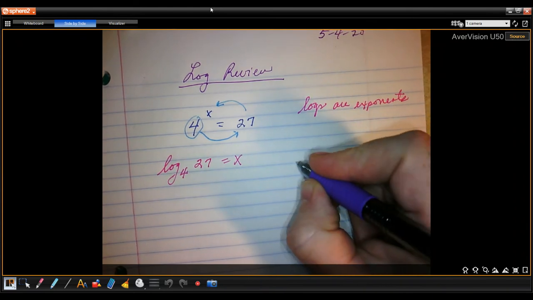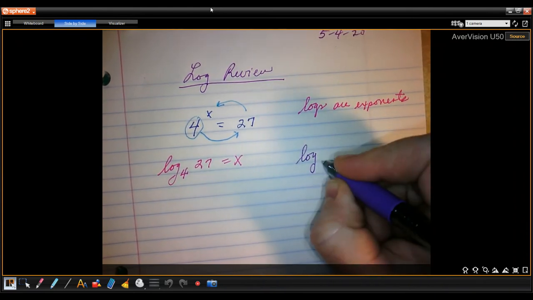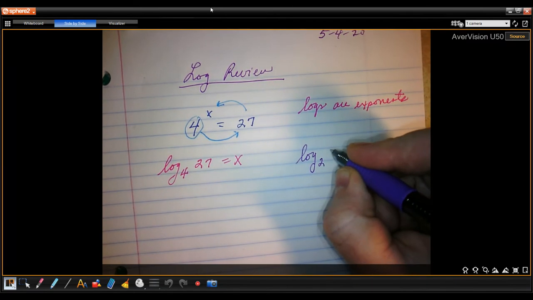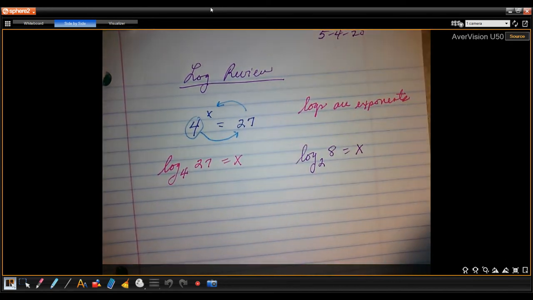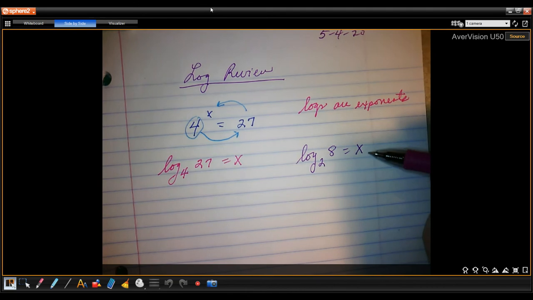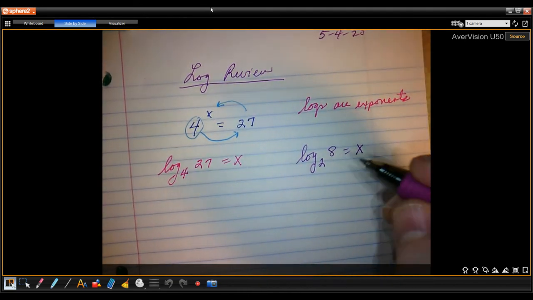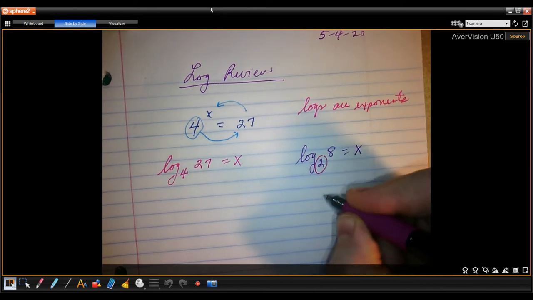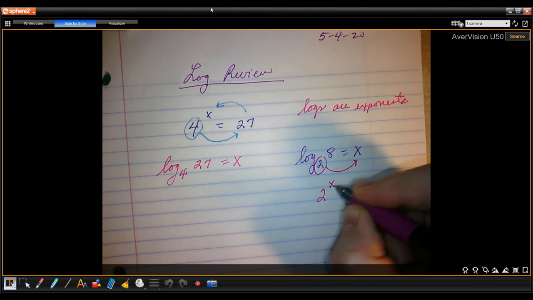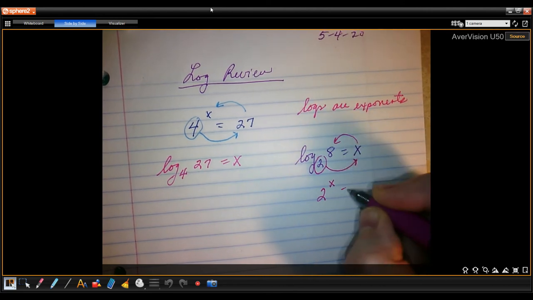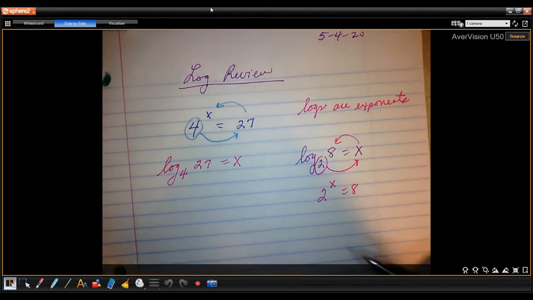So we do something like log base 2 of, we'll make it easy, 8 equals x. Here we're finding the unknown exponent. So I do around the world again, and like I said a second ago, I start with the base. So base 2 to the power of x equals 8. So what does x equal?